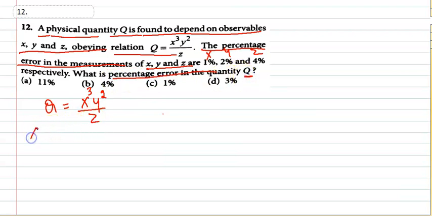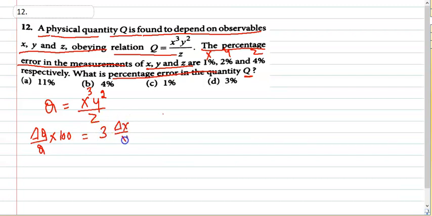Delta q divided by q into 100 percent is equal to 3 delta x by x into 100 plus 2 into delta y by y into 100 plus 1 into delta z by z into 100.